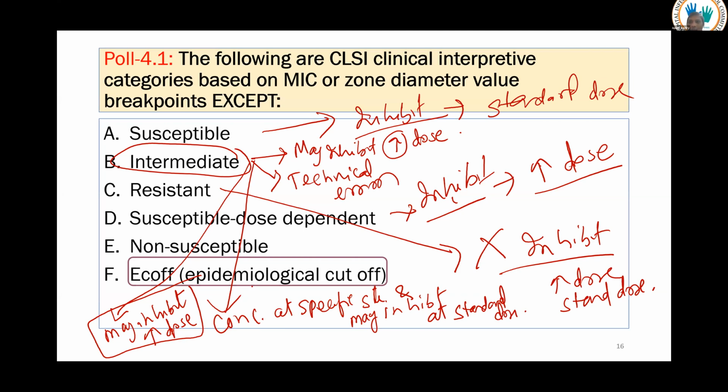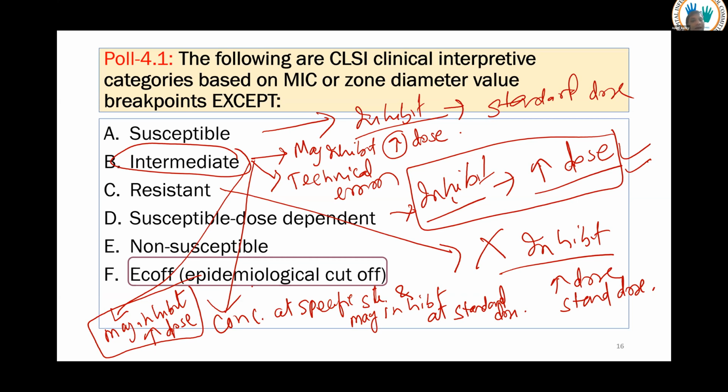Absolutely correct. So in SDD, when you increase the dose, there is a guarantee that it will work, because for SDD there are enough clinical trials and enough studies that increased dose will work. Increased dose will definitely work. That is what is guaranteed by SDD.